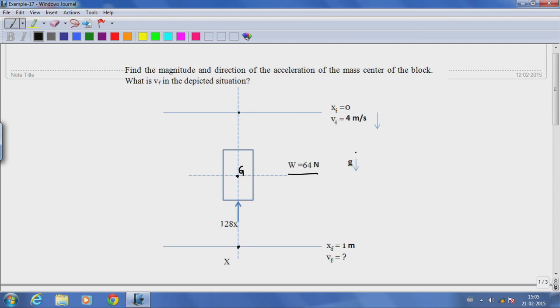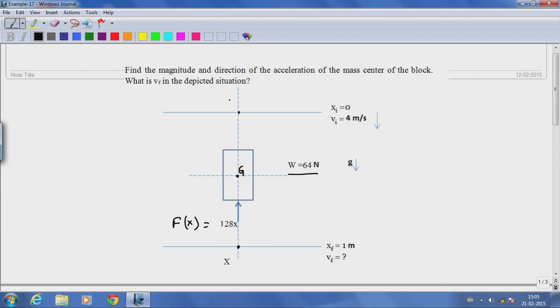Now, gravitational force is going to accelerate this body from xi equal to 0 to xf equal to 1. We also have another force F of x whose magnitude goes as 128 times x, x being the actual location of this body.